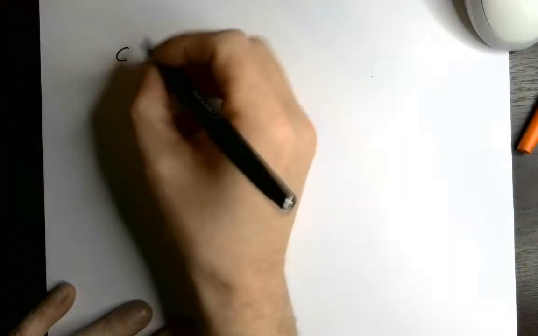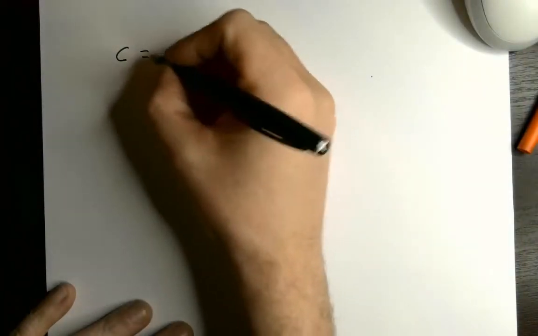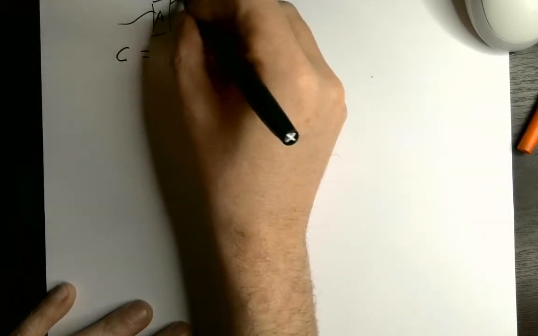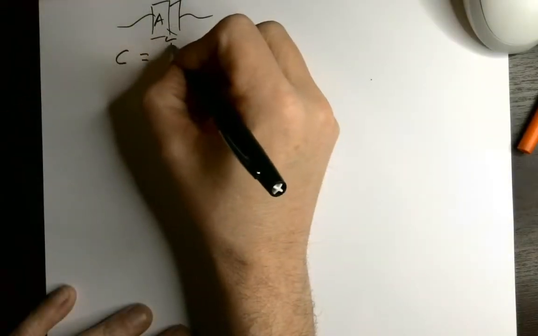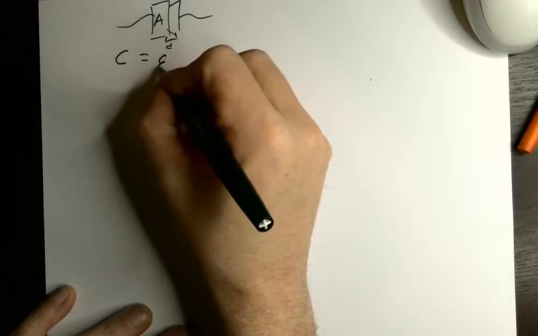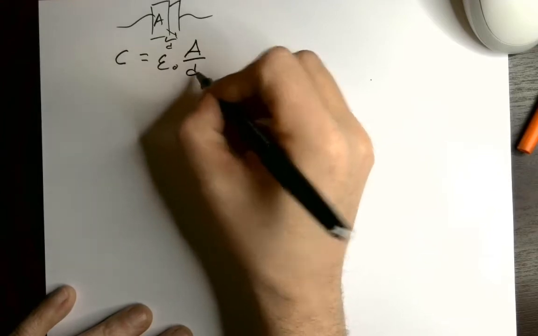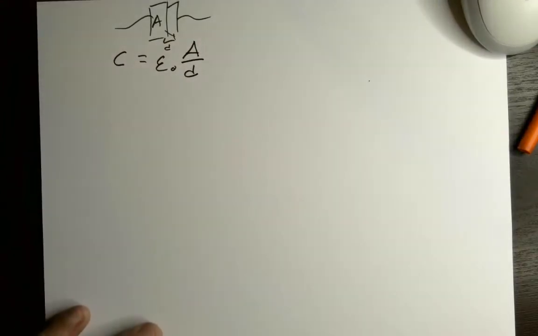So if we think back to the expression for the capacitance for a parallel plate capacitor, if the area of the plates is A, and their separation is D, the capacitance of that parallel plate capacitor is epsilon 0 if there's just vacuum in between times the area divided by the separation.